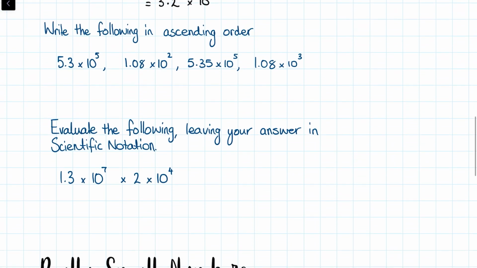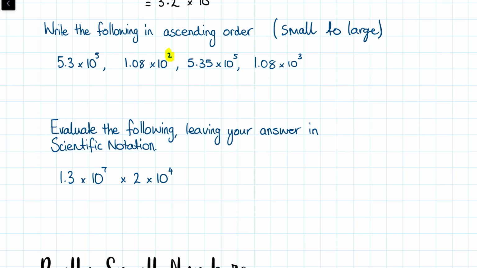What we're going to look at now is writing numbers in ascending order. And the first thing we're going to do when we write our numbers in ascending order, ascending means small to large, is have a look at all our numbers. Because everything's written in scientific notation, I'm going to look for the smallest power.